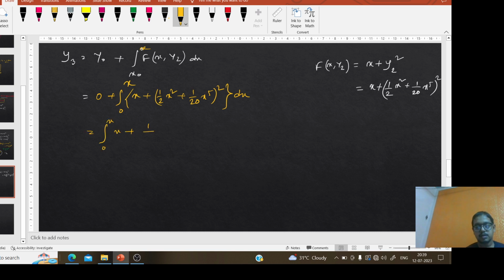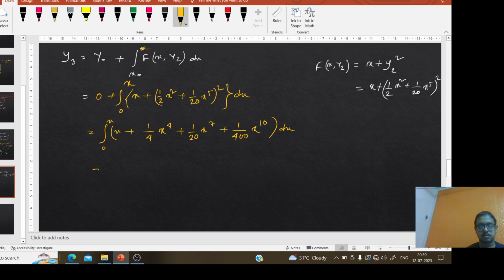X plus, this will be 1 by 4 x to the power 4, because here we just elaborate it as a plus b whole square. So we will get 1 by 20 x to the power 7 plus 1 by 400 x to the power 10 dx.